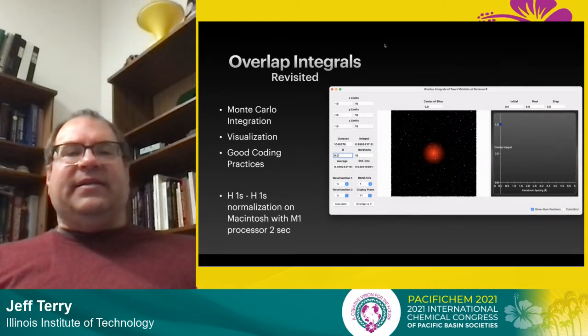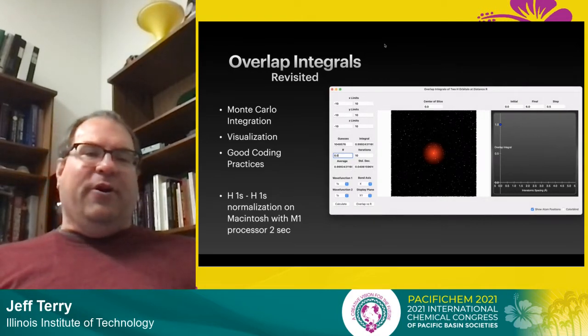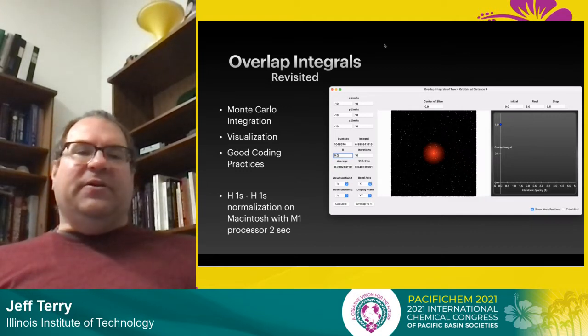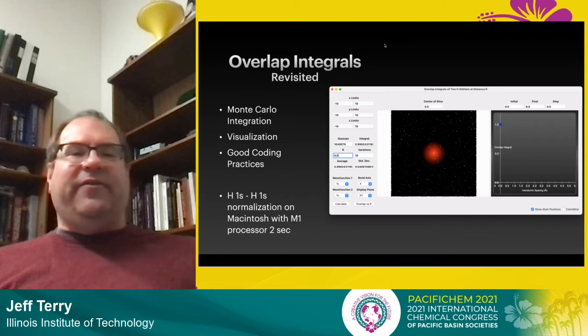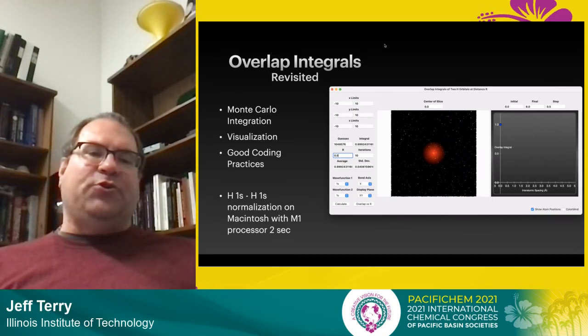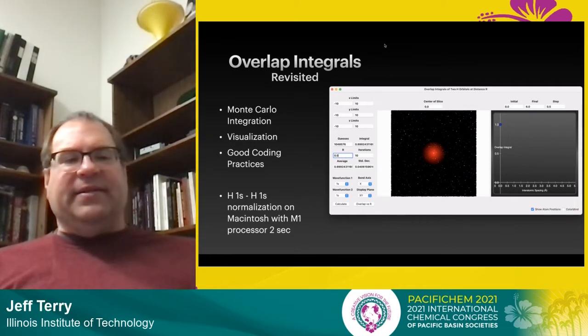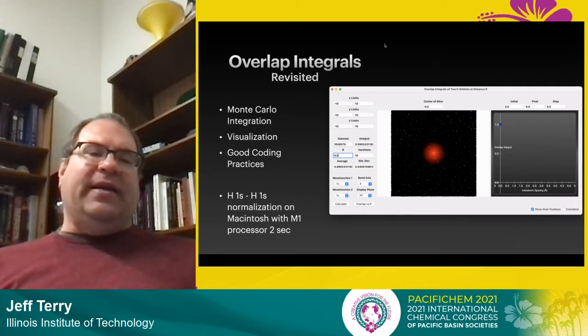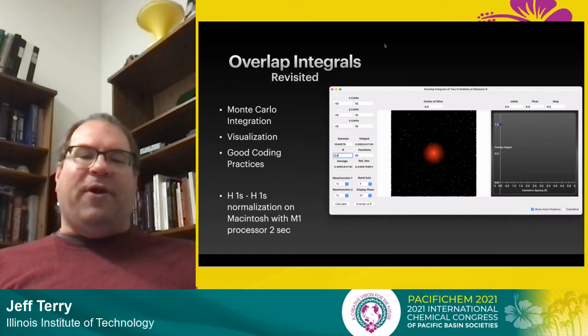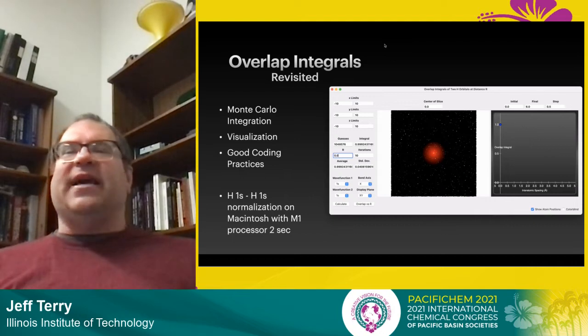So when we do this and we've revisited it, we're also using a Macintosh, but we use Monte Carlo integration instead of integrating over a grid. And this allows us to do visualization and make sure the students can use good coding practices. So hydrogen 1s normalization on a Mac with a new M1 processor now takes 2 seconds.